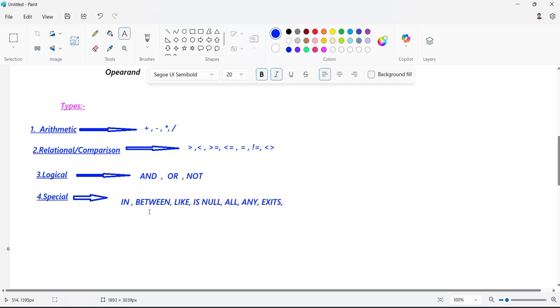Similarly, there are opposite operators also used.